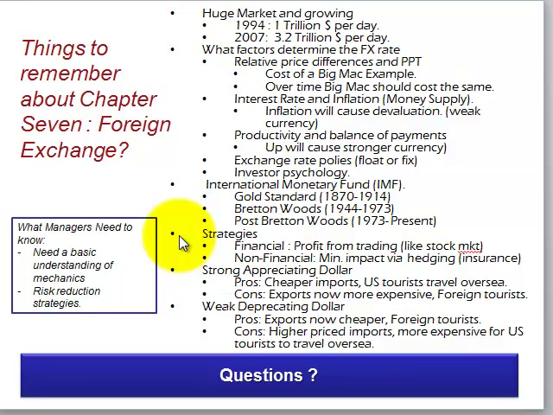Now, there are a couple of strategies. There are two main ones. One is financial. There are lots of investors who study this and study the future and the interest rates, and they're trading in the futures market simply to try to make a profit. There are also non-financial reasons.